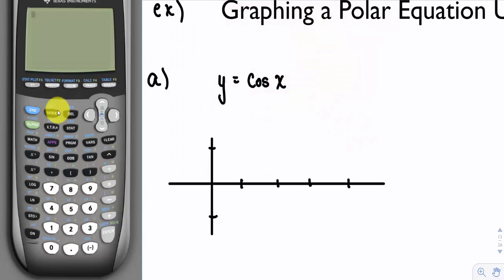It's going to start with our cosine function, and if you remember cosine, the starting point is at 0, 1. At this point, we are going by pi over 2 intervals. So we have pi over 2, pi, 3 pi over 2, and 2 pi.